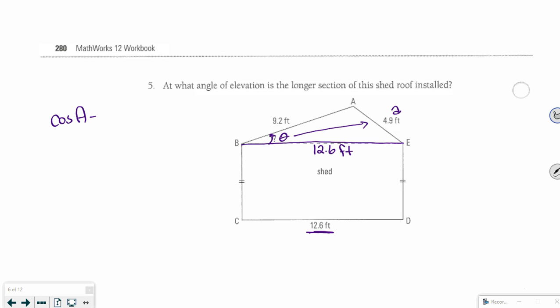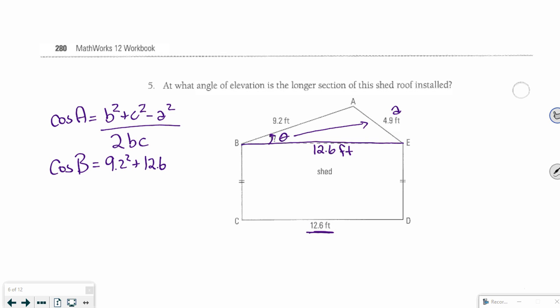So cos A equals B squared plus C squared minus A squared, all divided by 2 times B times C. Cos, in this case, we're talking about angle B, so cos B equals 9.2 squared plus 12.6 squared minus the 4.9, the important one, all divided by 2 times 9.2 times 12.6.